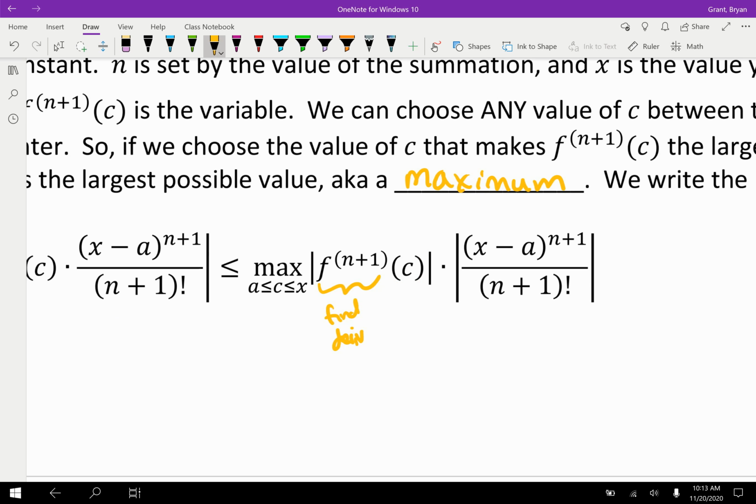Well, in this case, no, because what Lagrange was able to prove is that you only need to find the maximum value of the derivative between 2 points, particularly between the center, so wherever you're centered, let's say you're centered at 0, then that would be 0, and the x value you are plugging in.